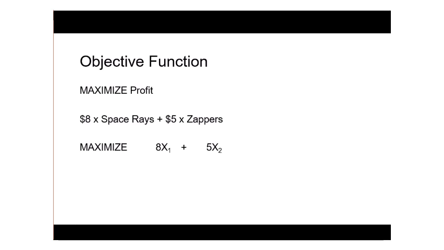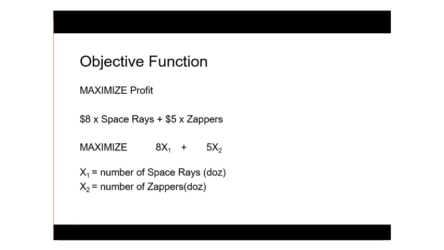It helps to identify the variables in terms of the letter x, so we write this as maximize 8x sub 1 plus 5x sub 2, where the number of dozen units produced is x sub 1 for the space rays and x sub 2 for the number of zappers.